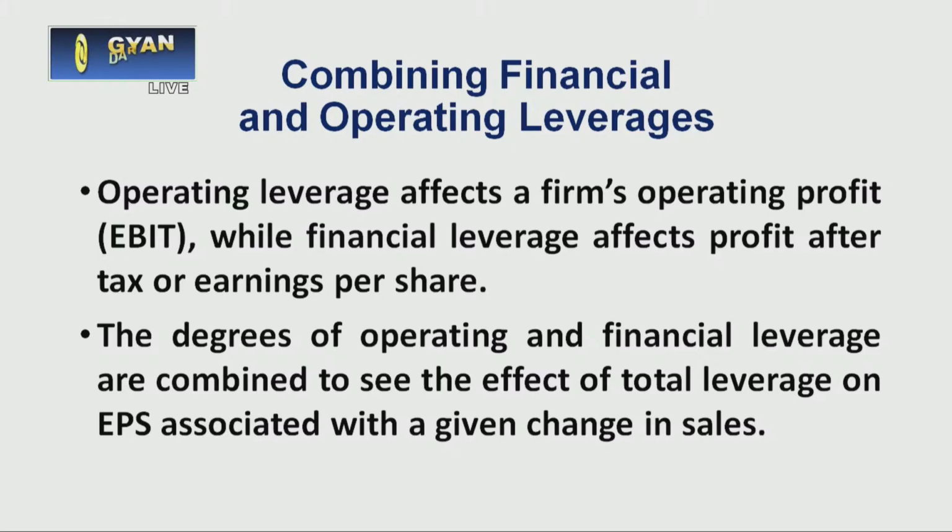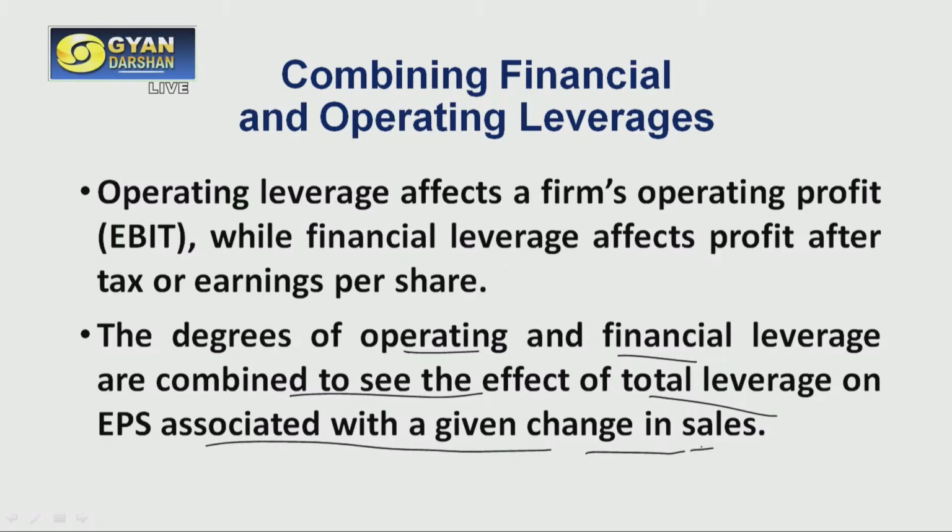Operating leverage affects the firm's operating profit, whereas financial leverage affects the profit after tax or earning per share. When these two are combined together, we see the effect of total leverage on EPS associated with a given change in sales.